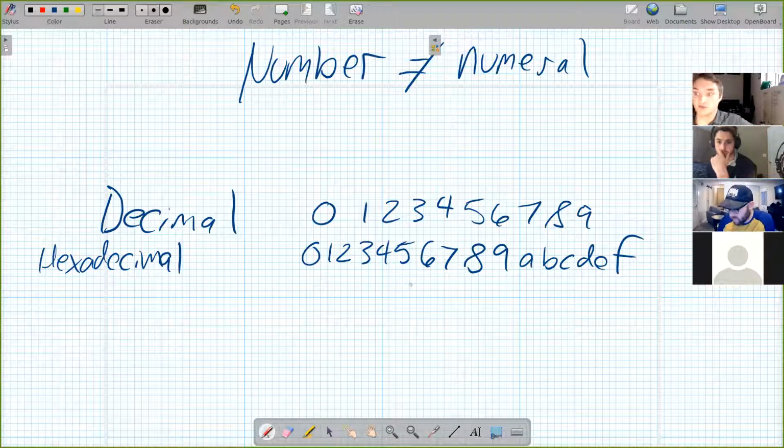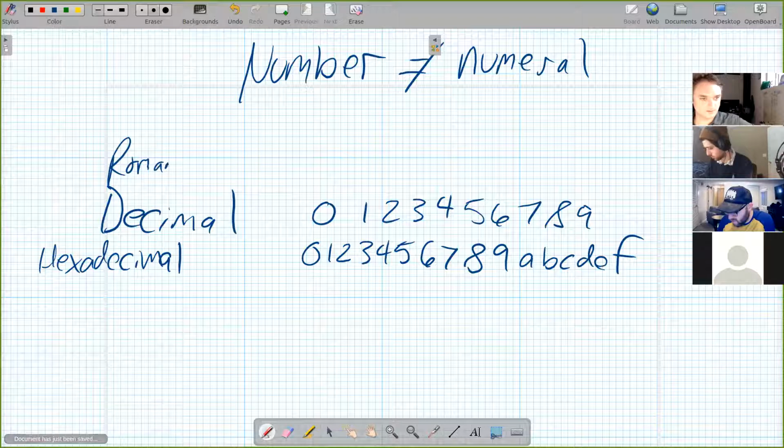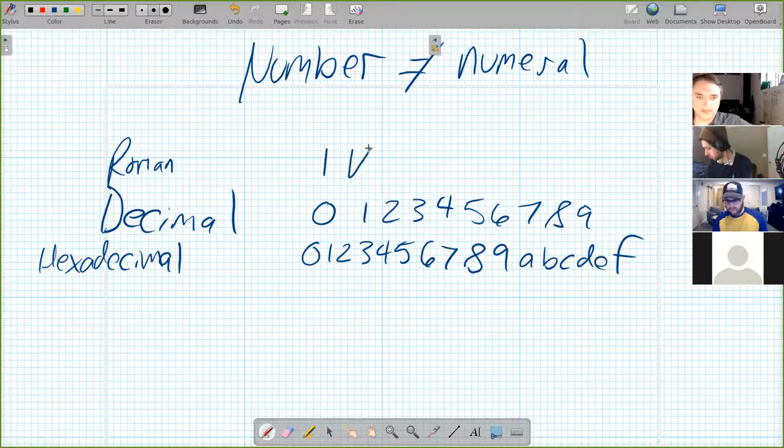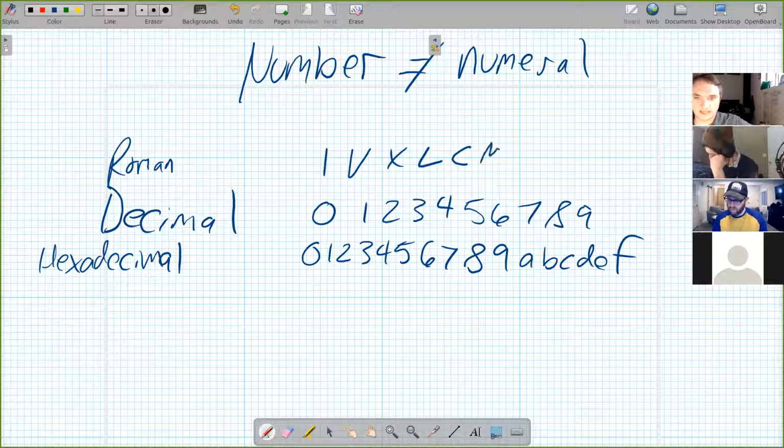Roman numerals, another counting system, doesn't even use the same characters as this does. We end up with I's and V's and X's and L's and C's and M's. Different combinations of those numerals represent different numbers.